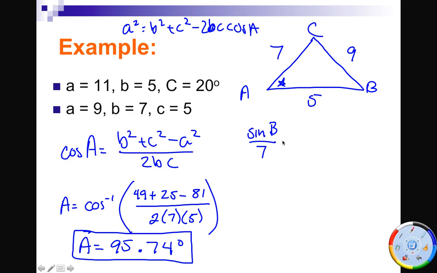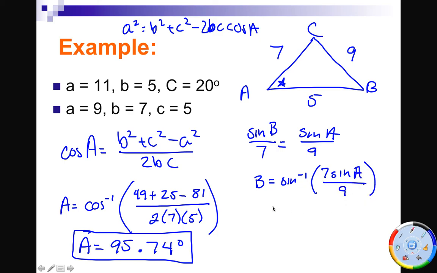So sine of b over 7 equals the sine of a over 9. And I'm going to use a because I'm going to use the exact answer I got before. So I know b is the sine inverse of, if I multiply by 7 over here, 7 sine of a over 9, which is approximately, let's see here, sine inverse of 7 sine answer.